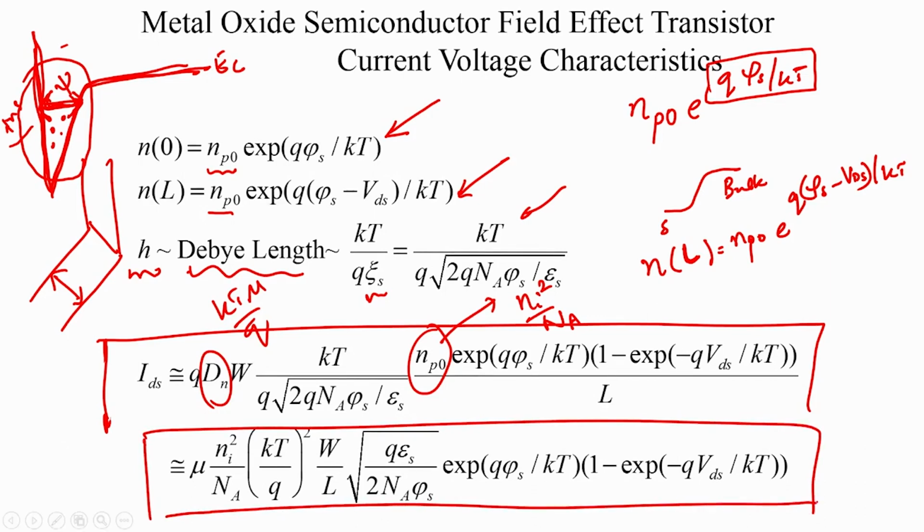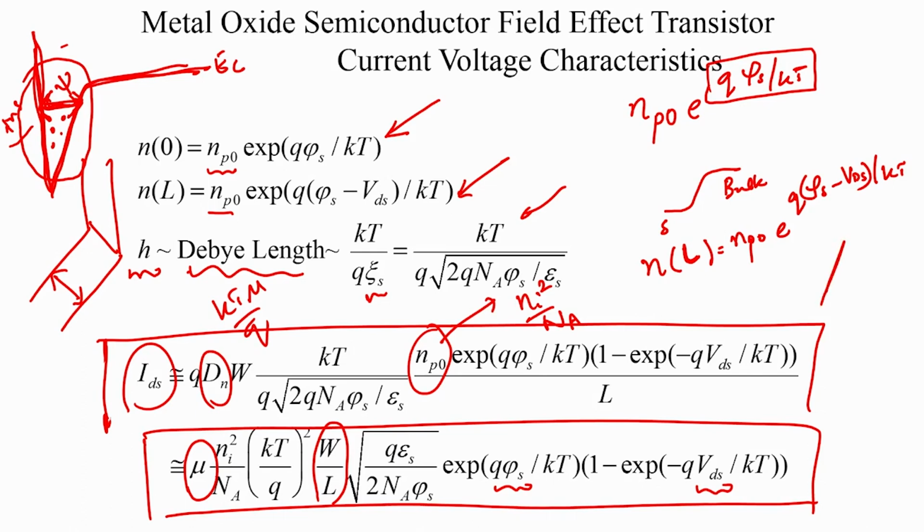What is important to note is that the drain to source current does exist below threshold, and it is dependent on the aspect ratio, proportional to the mobility, and exponentially dependent on the surface potential, which in turn is dependent on the gate voltage, and it is exponentially dependent on the drain to source voltage. So, it is a very characteristic nature of the current in the subthreshold region. You have an exponential dependence on the gate voltage.